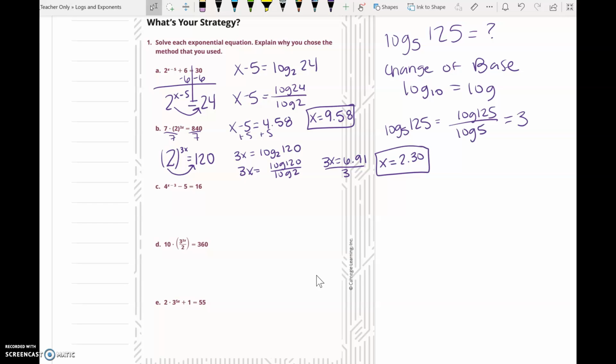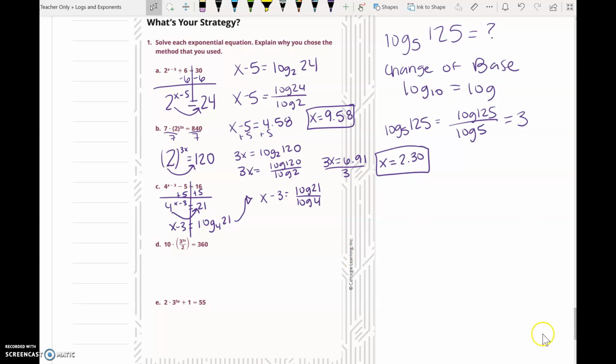Again, you're going to get the exponent by itself, so I don't want anything surrounding it. So I'm going to move anything around it using the opposite. 21. I'm going to change it into a log, so bring it down. Log base 4 of 21. Use your change of base so you can actually type this in the calculator. So log 21 divided by log of 4.